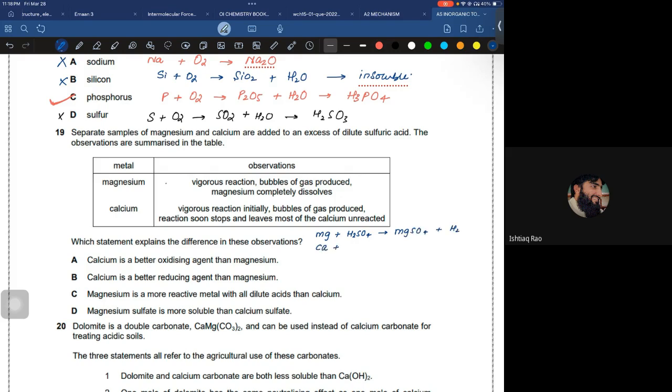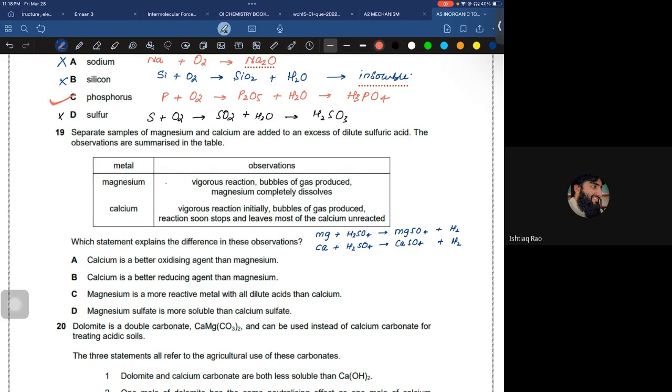Same goes with calcium: it gives us calcium sulfate and hydrogen gas. It's not a new reaction. You already did it in your IGCSE as well. This is a simple and basic reaction.